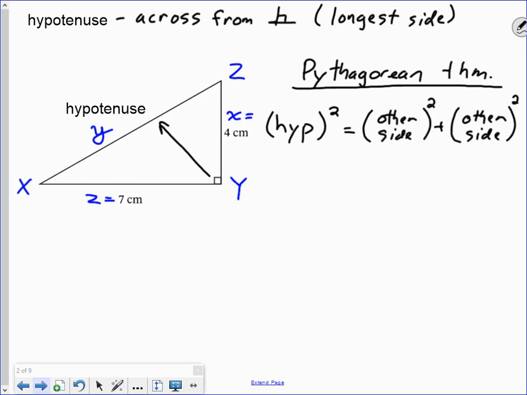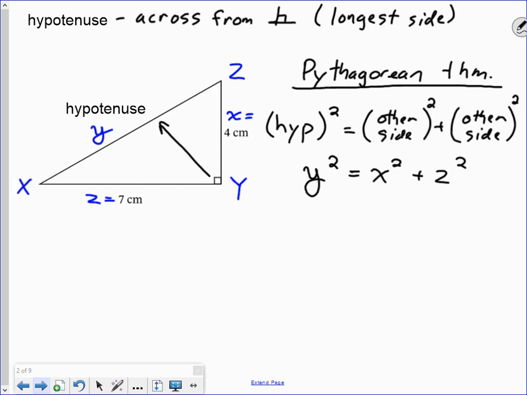So you take the other two sides, square them, add them together, and that gives you the length of the hypotenuse squared. Applying this to our triangle, our hypotenuse is side y, so y squared is going to equal, our other two sides are x and z, so x squared plus z squared.